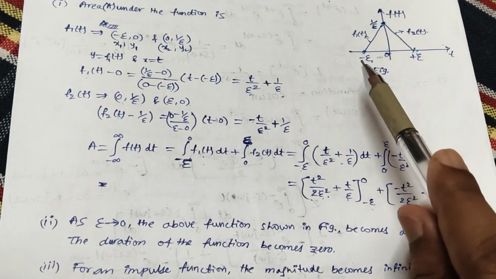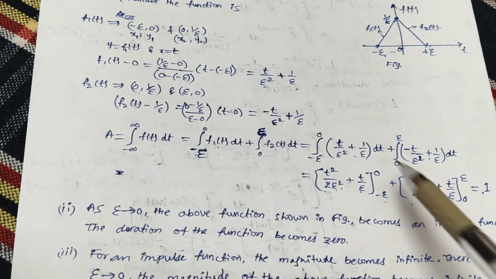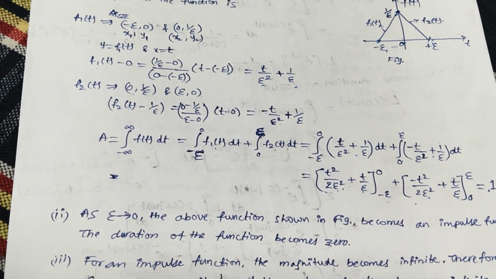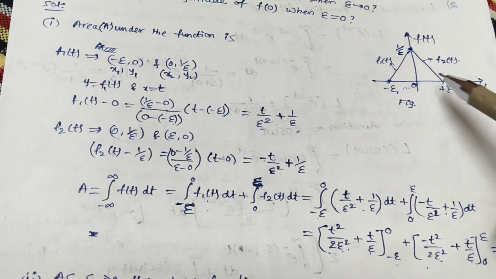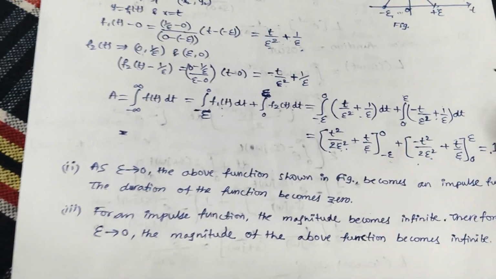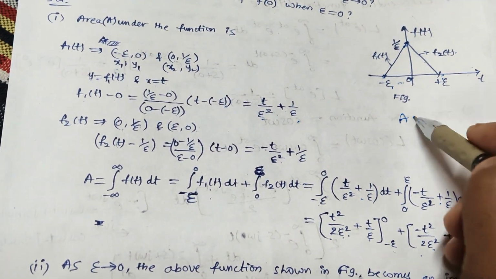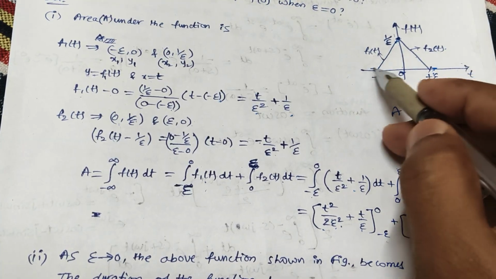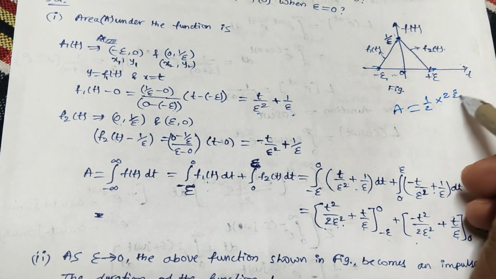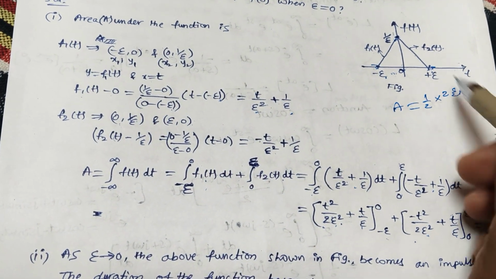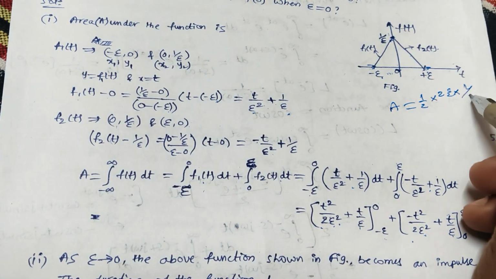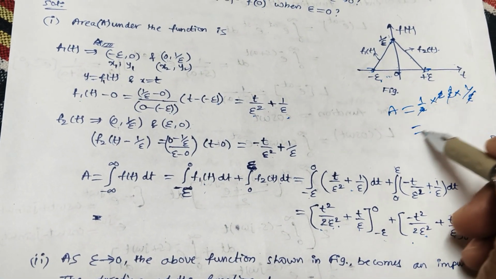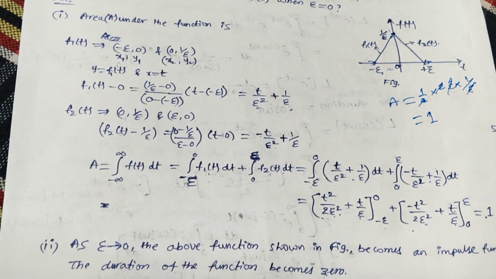That's the area under that curve. Even directly you can cross verify the area of this curve. As it is a triangle, area is half into base, base is 2 epsilon into height 1 by epsilon. Epsilon will get cancelled, 2 will get cancelled, so 1.